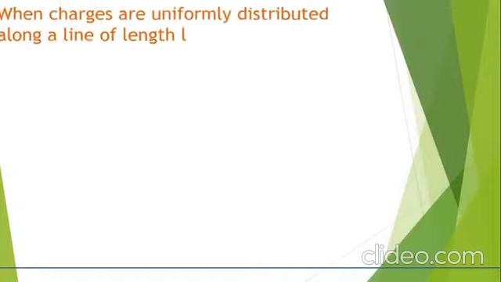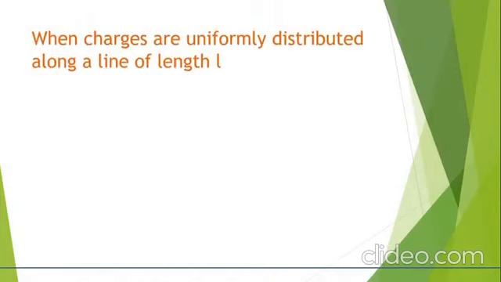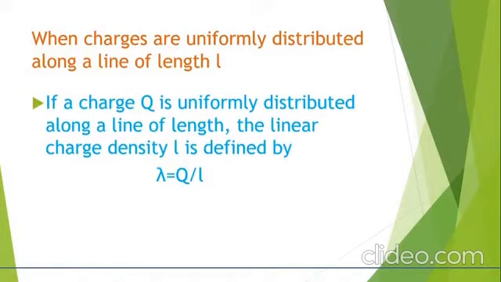Here is another example of uniform charge distribution. When the charges are distributed uniformly along a line, then by the definition of linear charge density, which is charge per unit length, we can write it as lambda equals Q divided by L. It has the unit of coulombs per meter.